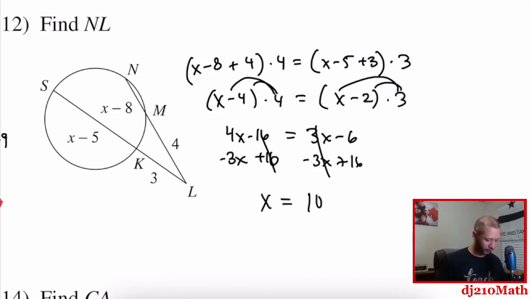What are we looking for? We're looking for NL. So NL is going to be this side. So if x is 10, 10 minus 8 is 2. This little piece is 2. 2 plus 4 is 6.